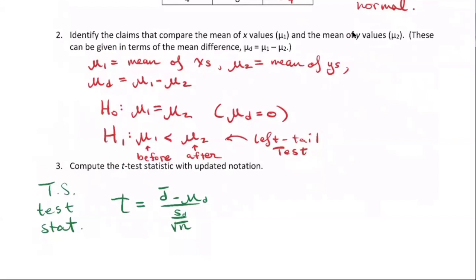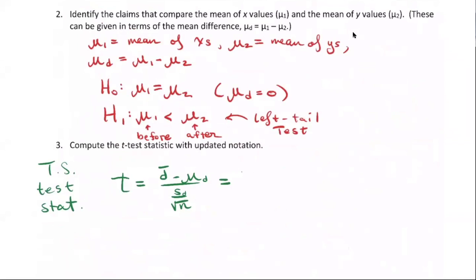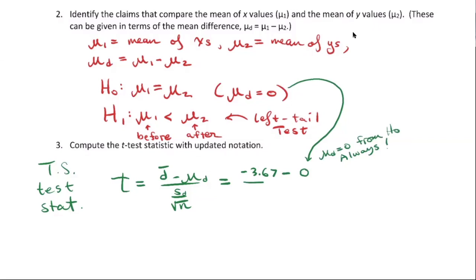So we can do this right now. The D bar was negative 3.67, minus the mean difference, that's a hypothetical value. Notice what we're assuming it is. The mean difference is 0, and this will always be the case. Okay, so you'll always have a 0 for that.